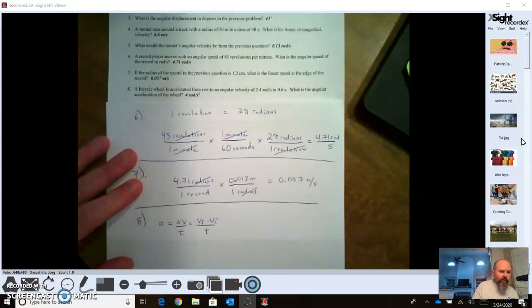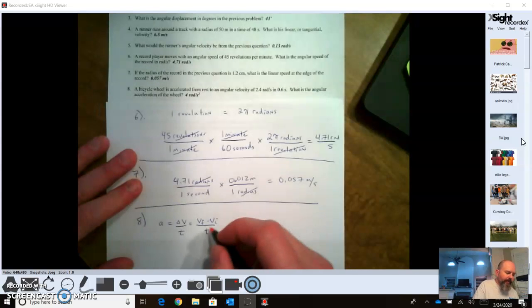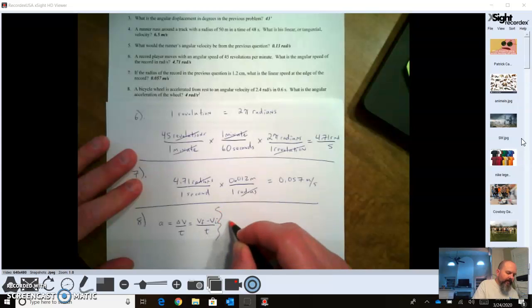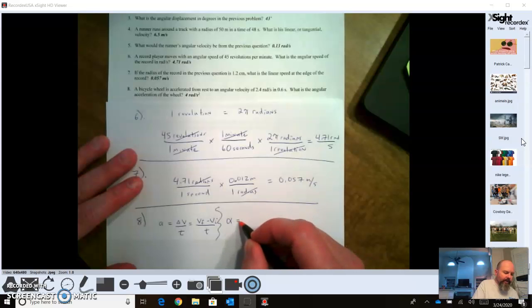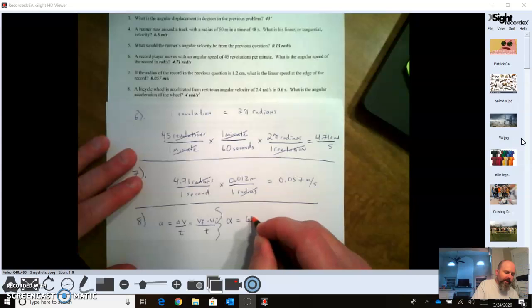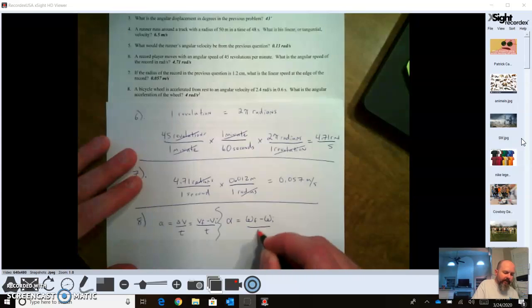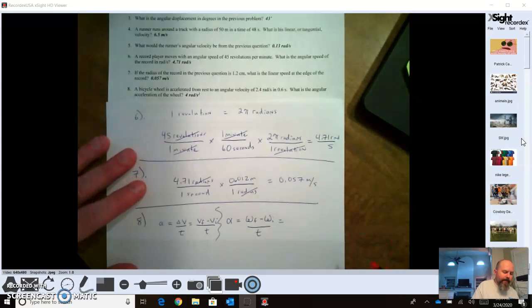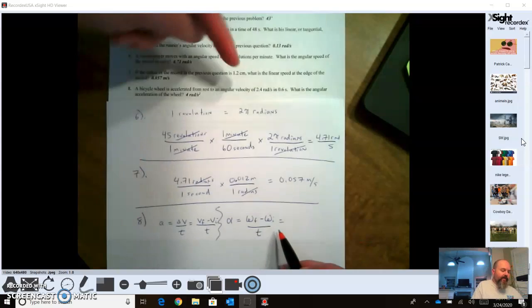Well, the same thing is true for angular acceleration. So instead of this, we're going to look at alpha. Alpha, angular acceleration, is equal to delta omega, which is the same thing as final angular velocity minus initial angular velocity, divided by time.